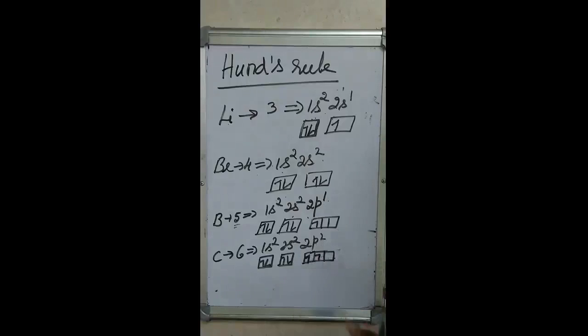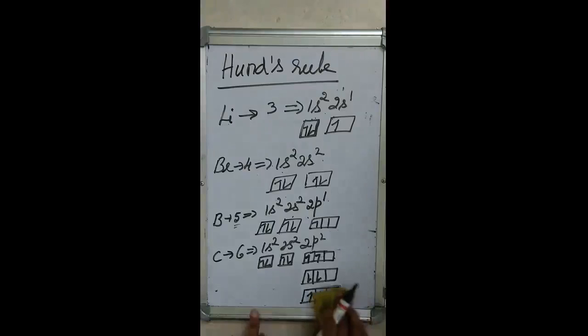Now what is the meaning of parallel spin? Parallel spin means, see here I have selected like this, so 1 more electron I have to fill this way only. This is called parallel spin. Or I can write like this also, this way also possible. But this method of filling is wrong. That is singly occupied, but like this we should not fill, because it is not a parallel spin, it has an opposite spin.